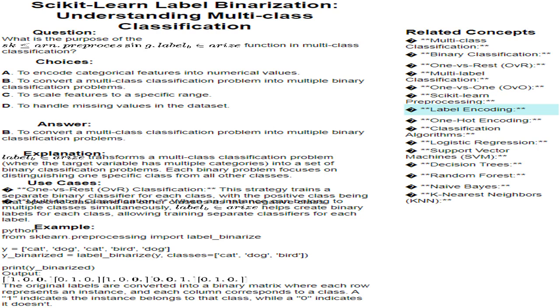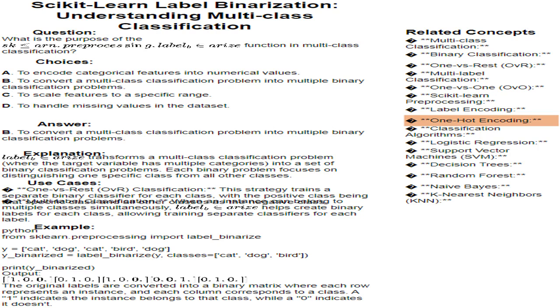These include encoding categorical features, scaling features, handling missing values, etc. Label encoding: a technique for converting categorical features into numerical values using a mapping. For example, cat could be encoded as 0, dog as 1, and bird as 2. One-hot encoding: a technique for representing categorical features as binary vectors.